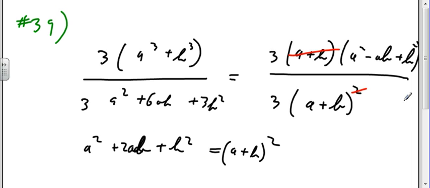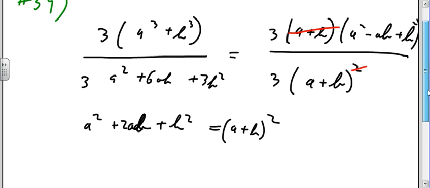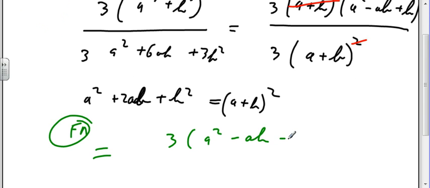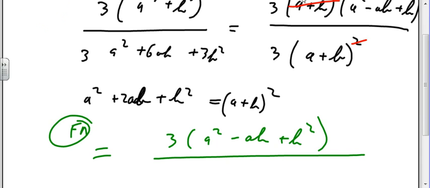One of those guys goes away, and then we can write down a final answer: 3 times a squared minus ab plus b squared divided by, oh, the 3's can go away too, can't they? Boom, boom. 3's went away. Divided by a plus b.